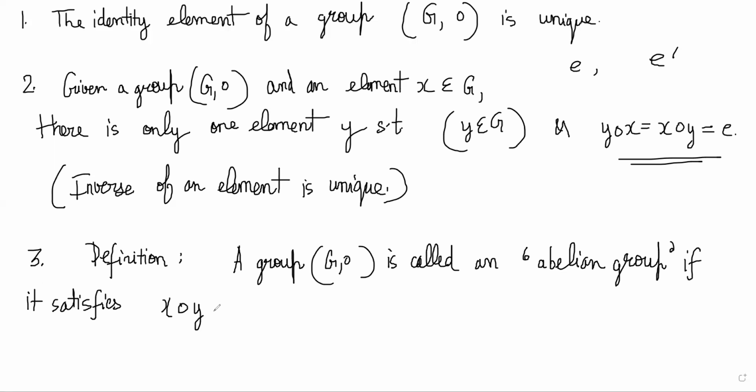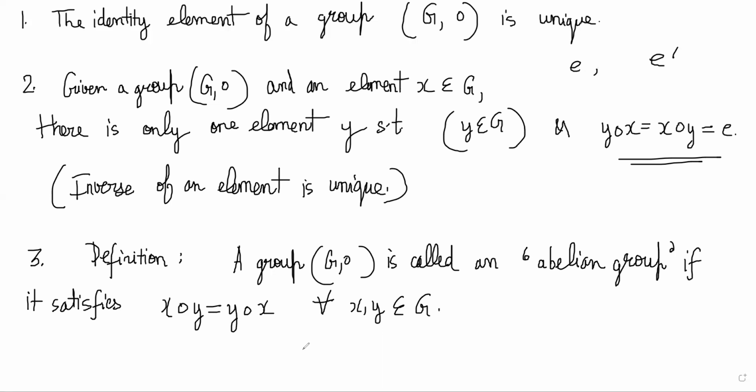So x dot y is equal to y dot x for all x, y belonging to G. So if the operation of the group is commutative in nature, commutative means the order of the operation doesn't matter, x dot y is always equal to y dot x, then the group is said to be an abelian group. So this is just a definition.